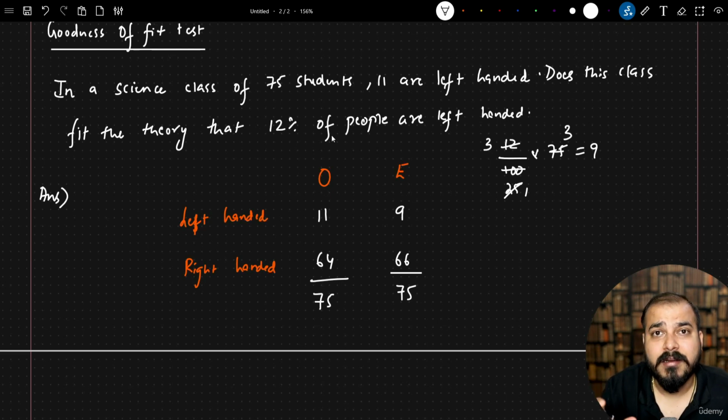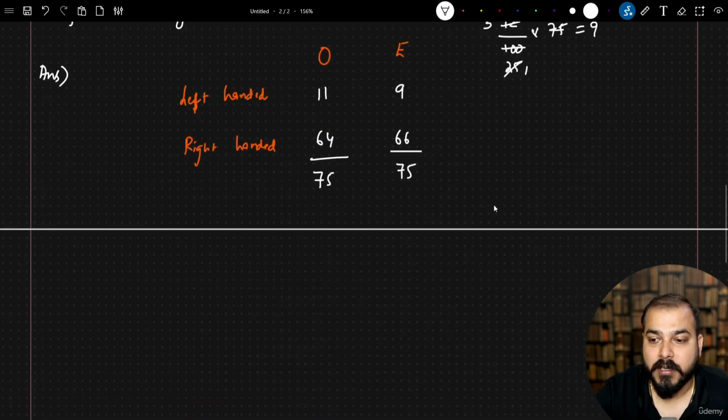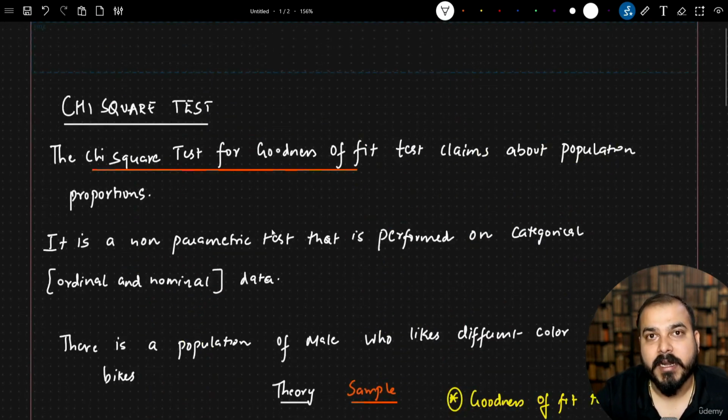But in short, whenever we talk about the chi-square test, we are comparing two categorical distributions, the theory categorical distribution and the observed categorical distribution. I hope you understand the chi-square test and what exactly the goodness of fit test is. In the next video we'll solve a problem, and after that we'll also see how we can do it with the Python programming language. So yes, this was it from my side. I will see you all in the next video.